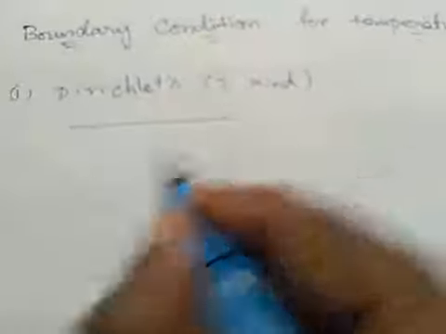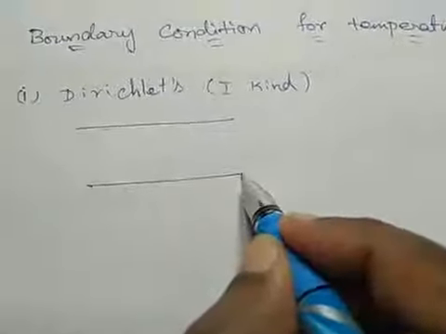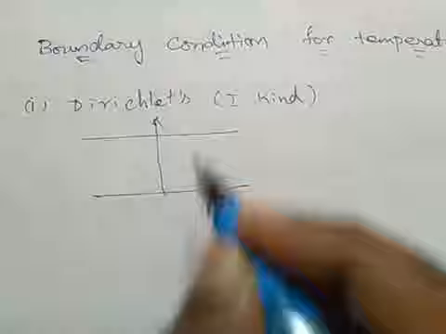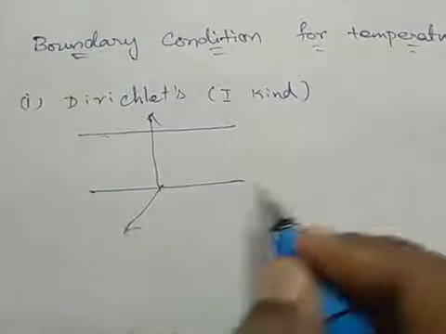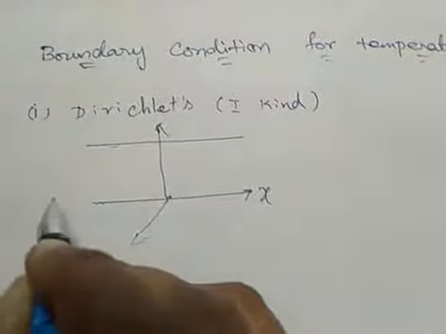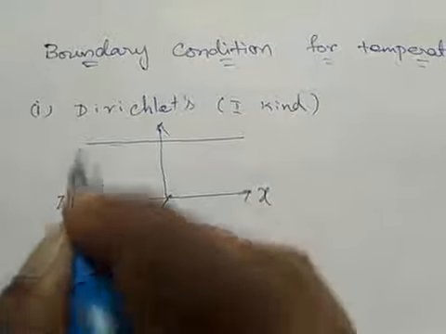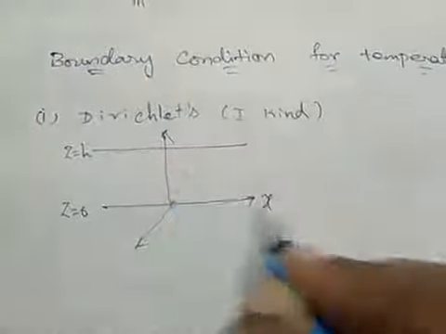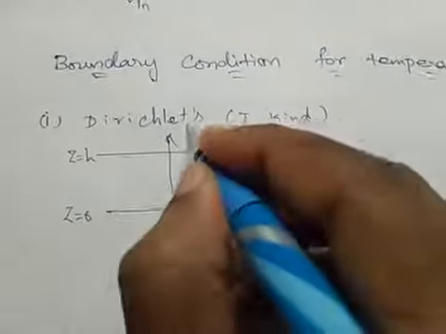So if we consider a fluid flow, I'll take along this as x-axis, then this will be 0 and this will be h or 2h, x, y, z.